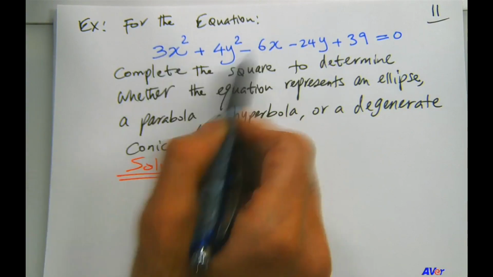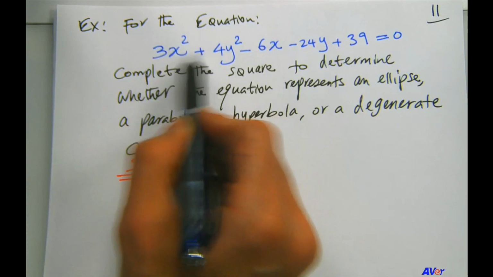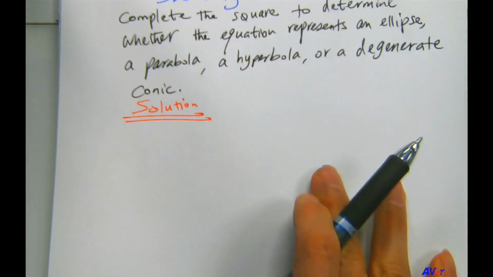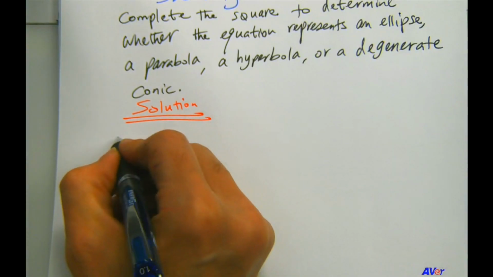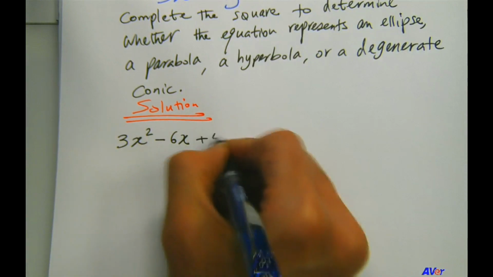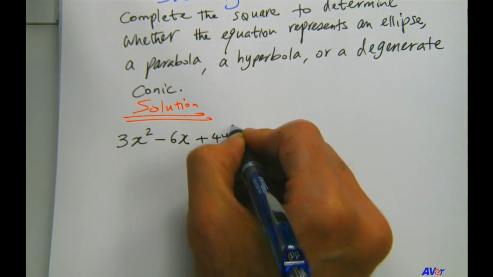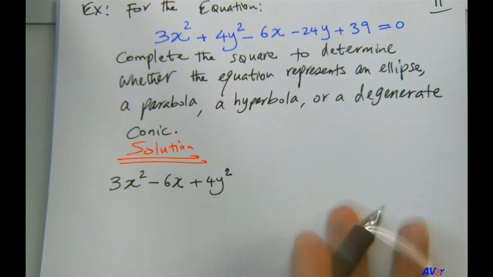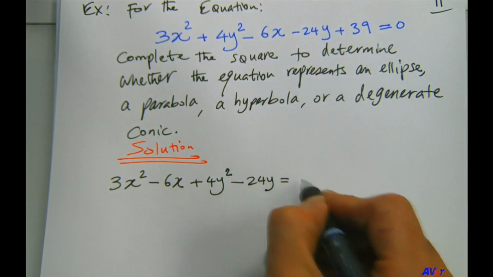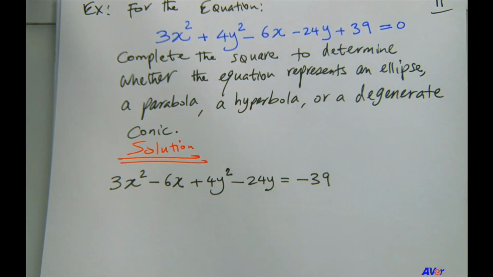So the terms that have x in them are together, and the terms that have y are together. Let's do that. Like that. Okay?